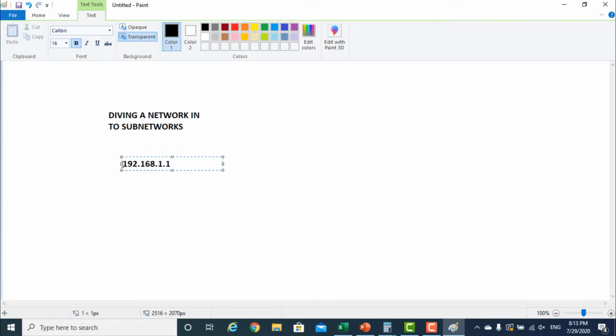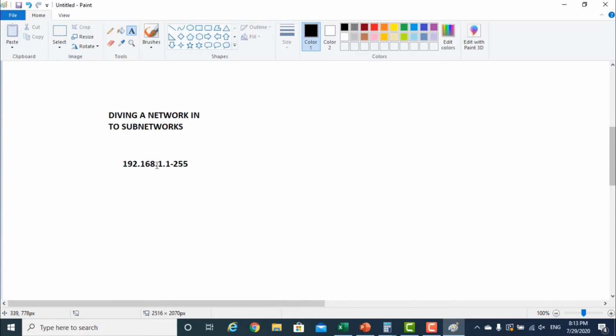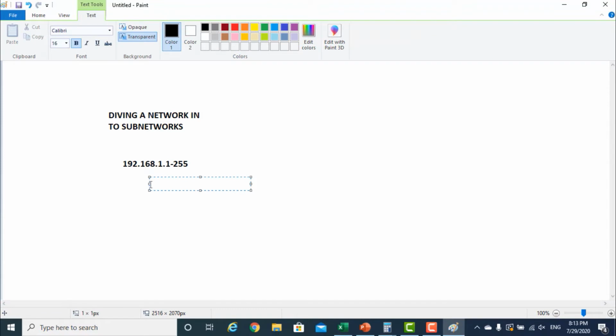This is for class C, right? So it has 255 IP addresses. I will divide this class C into, for example, 4 subnetworks, which in total, if you count, have 256 IPs from a single class.